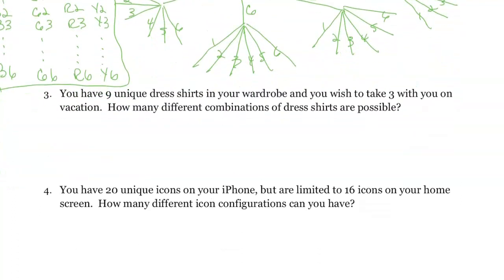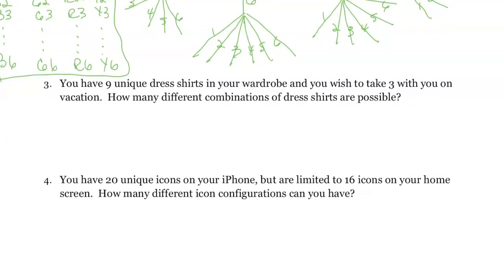Then we go on to using the counting method, or the box method, or the line method, whatever you'd like to call it. Okay, you have 9 unique dress shirts in your wardrobe, and you wish to take 3 with you on vacation. How many different combinations of dress shirts are possible? So notice it's saying combinations.